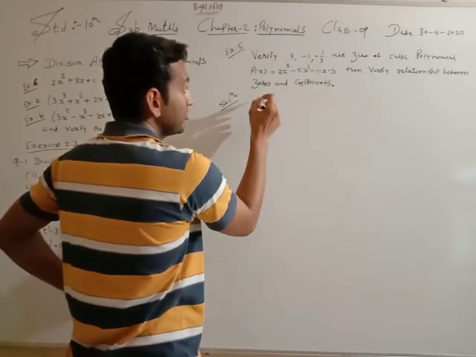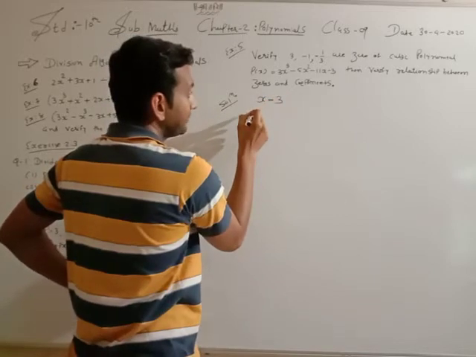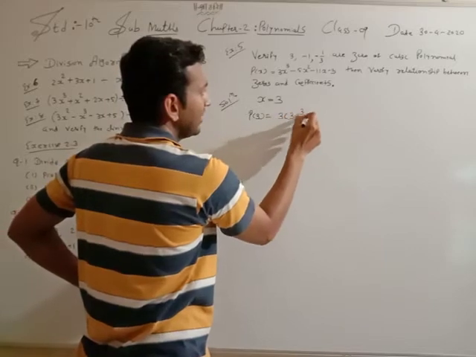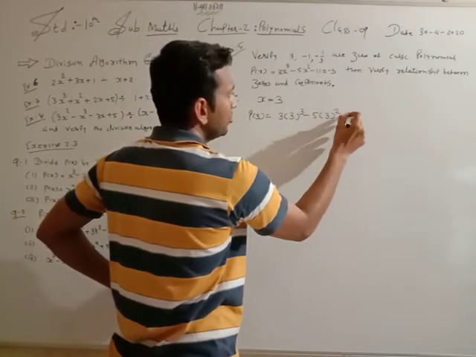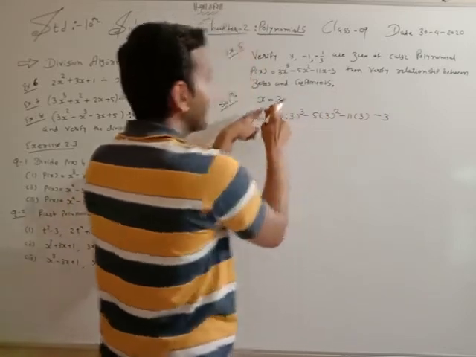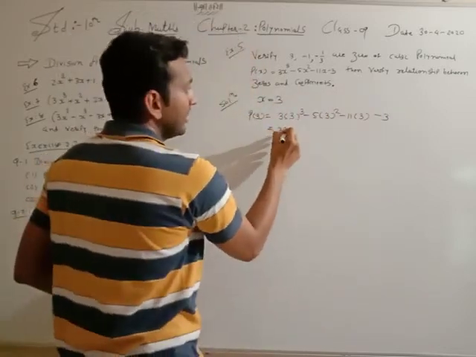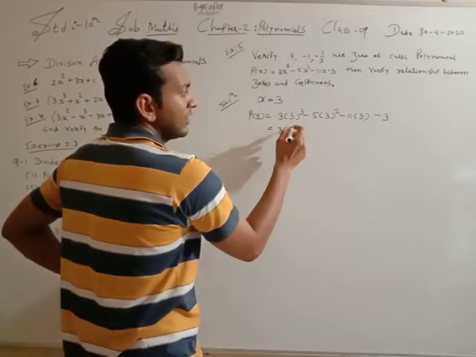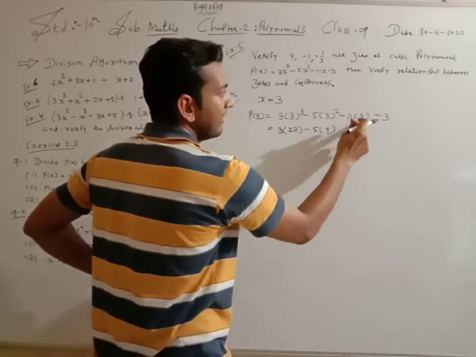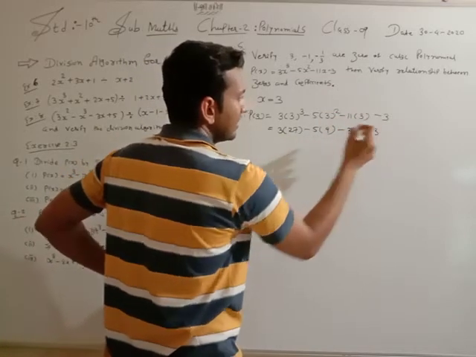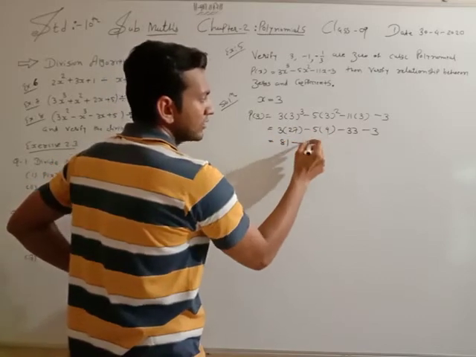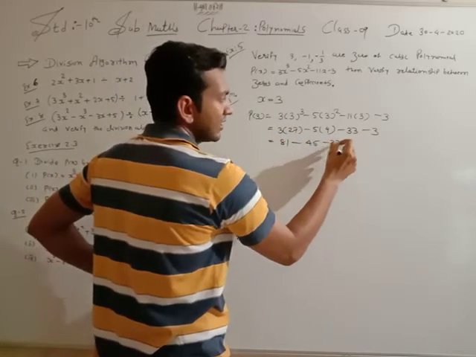First, x is equal to 3. So p of 3 is equal to 3 raised to 3 minus 5 into 3 raised to 2 minus 11 into 3 minus 3. I am just putting x is equal to 3. The cube of 3 is 27 minus 5 times 3 square, which is 9, minus 11 times 3, which is 33, minus 3. 27 into 3 is 81, 9 times 5 is 45, minus 33, minus 3.